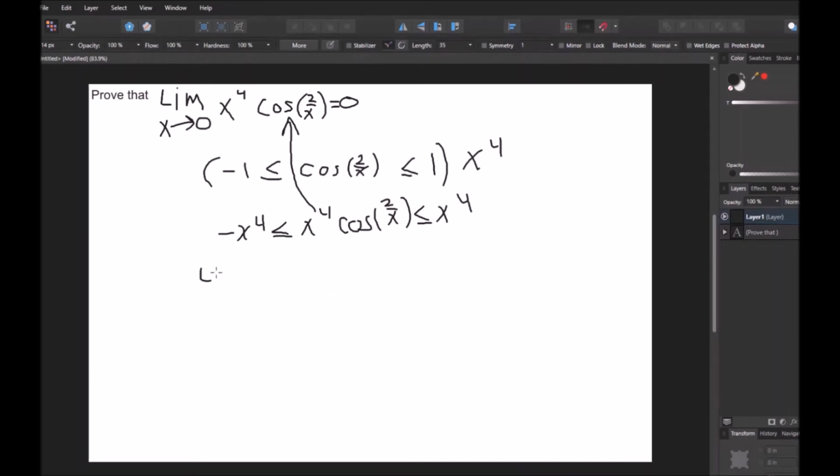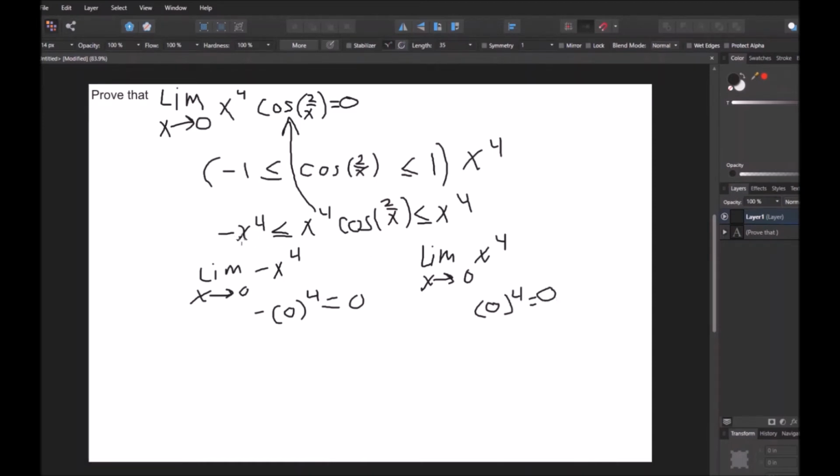So the limit as x approaches 0 of negative x to the fourth, we can just go ahead and directly substitute that 0 in for x, and we get 0. And we can do the same thing for positive x to the fourth, and it's going to be the exact same process. Limit as x approaches 0 of x to the fourth. Directly substitute it, so it's 0 raised to the fourth power, and it's going to be 0.